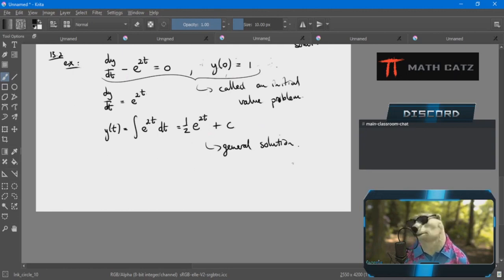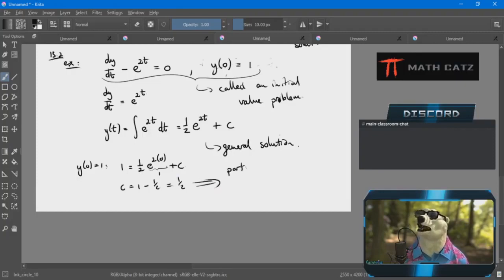So I still go about my business finding the general solution, and now I'm going to use the extra information. Plug in 1 for y and 0 for t, and e to the 0 is just 1, so that means c is 1 minus a half, so equal to 1/2. So that means my particular solution is y as a function of t, 1/2 e to the 2t plus 1/2.